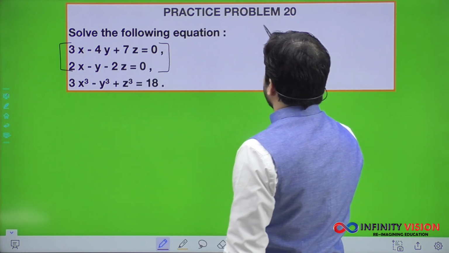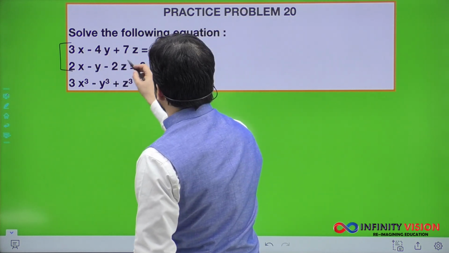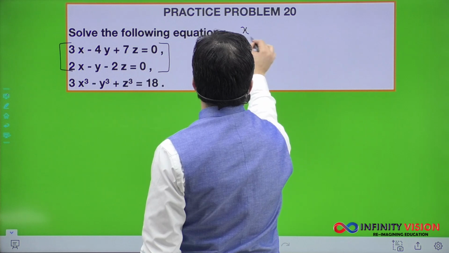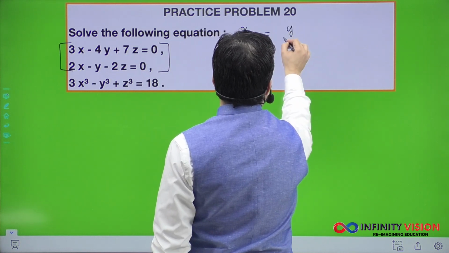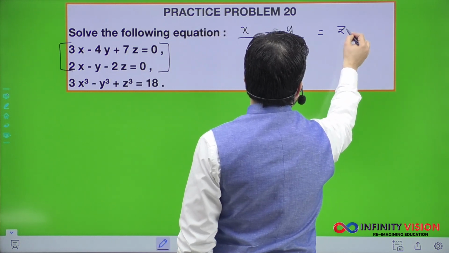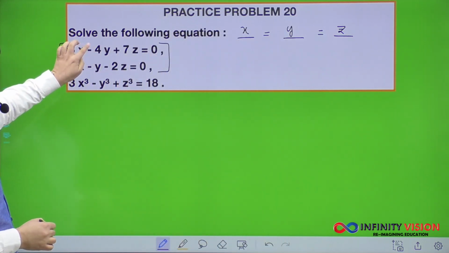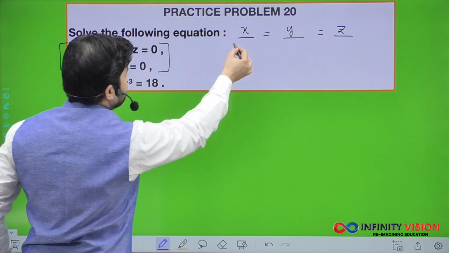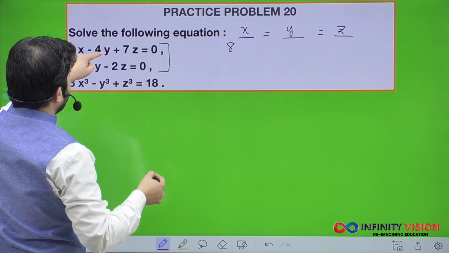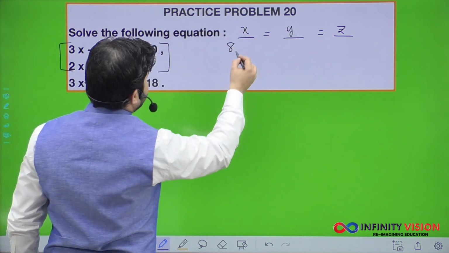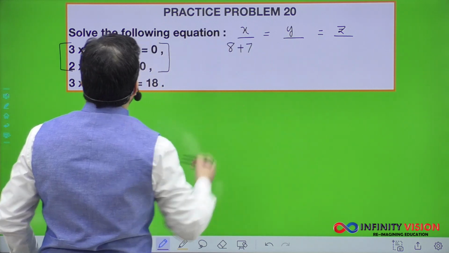Let's solve this. Already they are in the right order, so simply I can write x upon y upon z upon. For x, I'm just going to hide this. Minus 4 into minus 2 is 8 and minus 1 into 7 is minus 7, so minus minus 7 is plus 7.